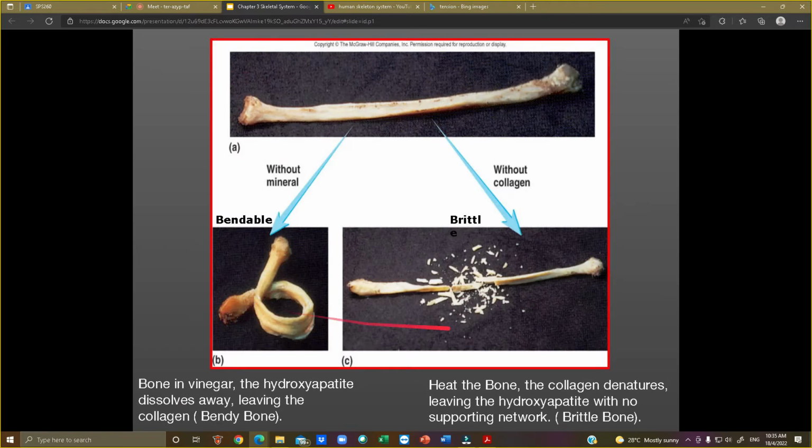Okay, so kalau kita tak ada calcium phosphate and calcium carbonate, our bone is able to do something like this. Okay, we able to do something like this. This one being made by dissolving all those calcium, phosphate and carbonate dengan masukkan dalam cuka. Kalau nak try benda ni, boleh try.